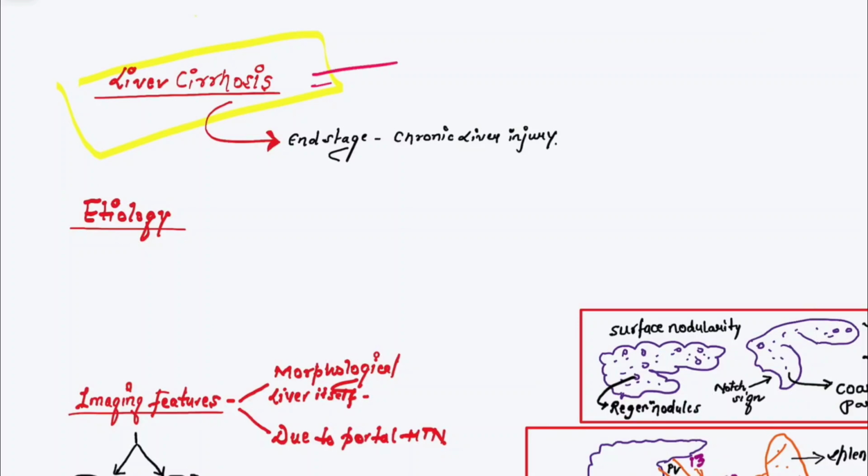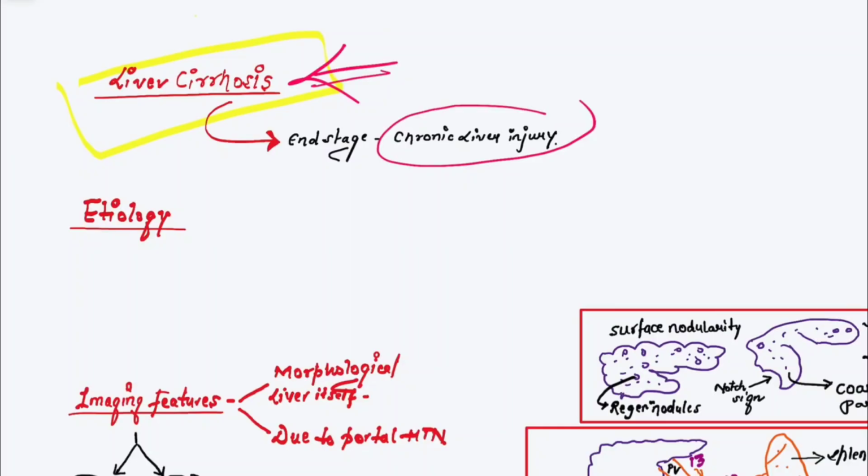So liver cirrhosis is actually the end stage disease, the clinical and the pathologic result of chronic liver injury. Okay, there is hepatocellular necrosis and there is chronic liver injury.